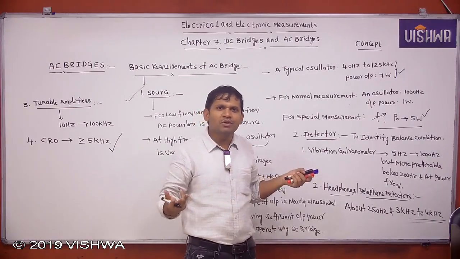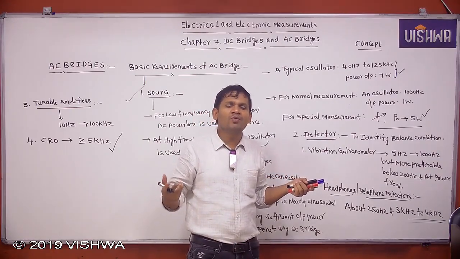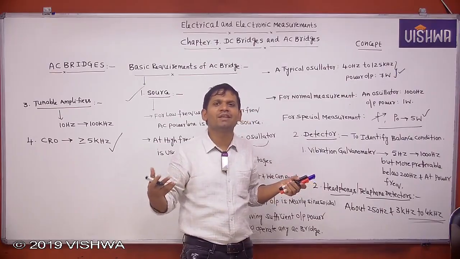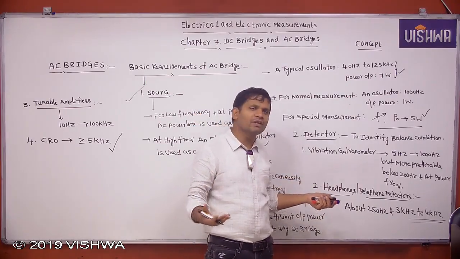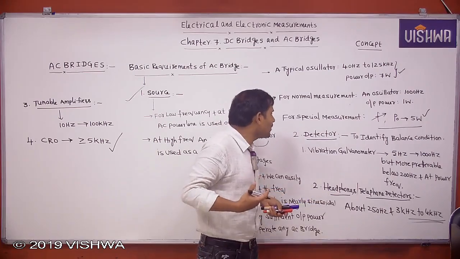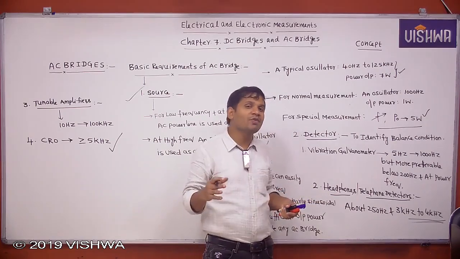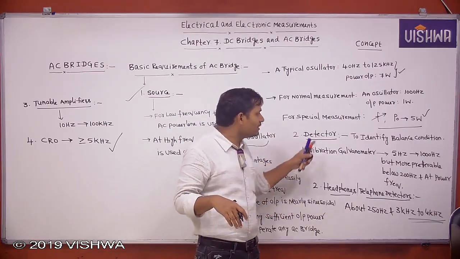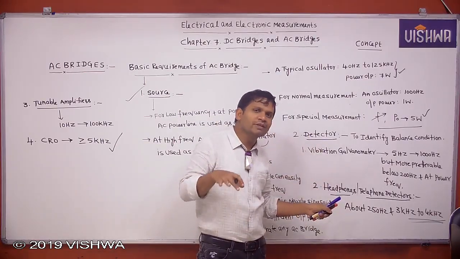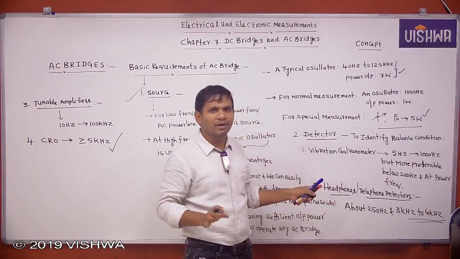Simple objective questions are also framed, such as: telephone detectors or headphones are used for which frequency range, vibration galvanometers are used for which frequency range. That type of question has already been asked in competitive exams. That's why don't neglect this. Even though it is an introduction, it is important as a fundamental.